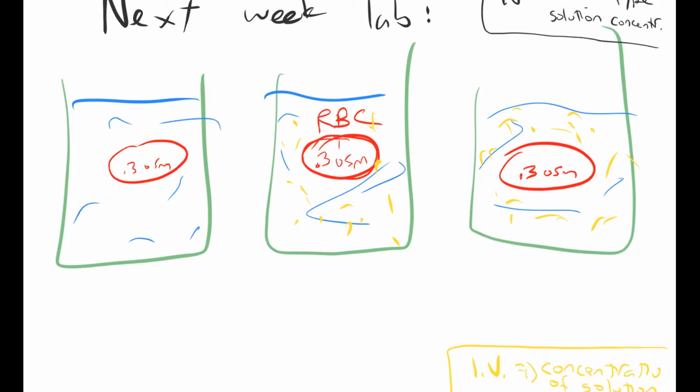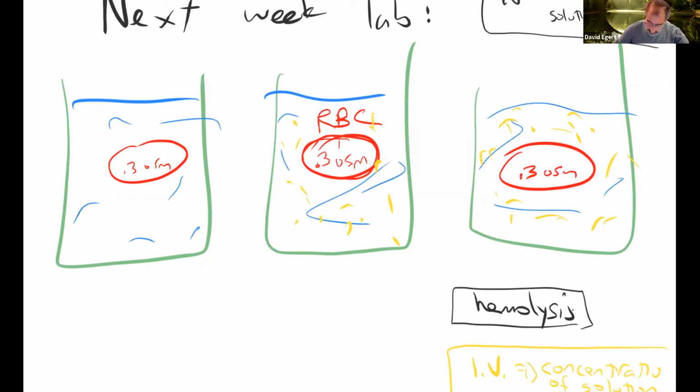Our dependent variable is going to be what happens to the cell, and there are a few things that can happen. Hemolysis, blood lysis, to break open. This is when the blood cells basically break open.